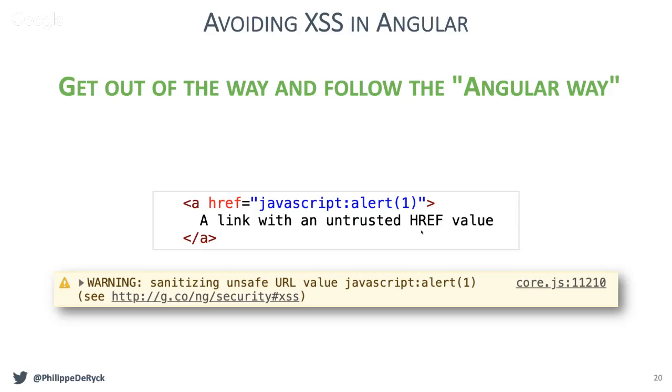Again, Angular has your back as long as you do things the Angular way, which is binding to the square brackets href attribute. But again, I'm going to fix that slide right after the talk. So if you download the PDF later tonight, you can have the proper code snippet. Way number one, or consideration number one, get out of the way, let Angular do what it does best.